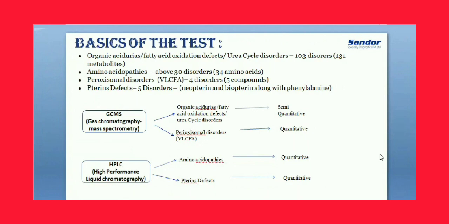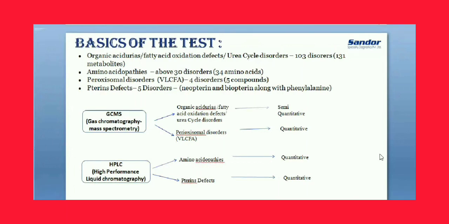So hope you remember. 131 metabolites, nothing but organic compounds, very small molecules in the body fluid. We detect that, and based on the abnormality, we report these 103 disorders, which include organic acidurias, fatty acid defects, and urea cycle disorders.